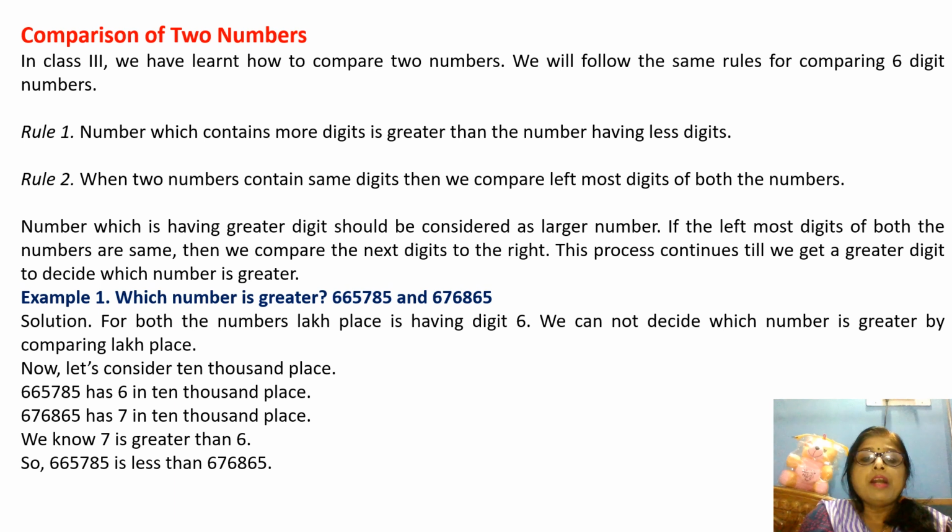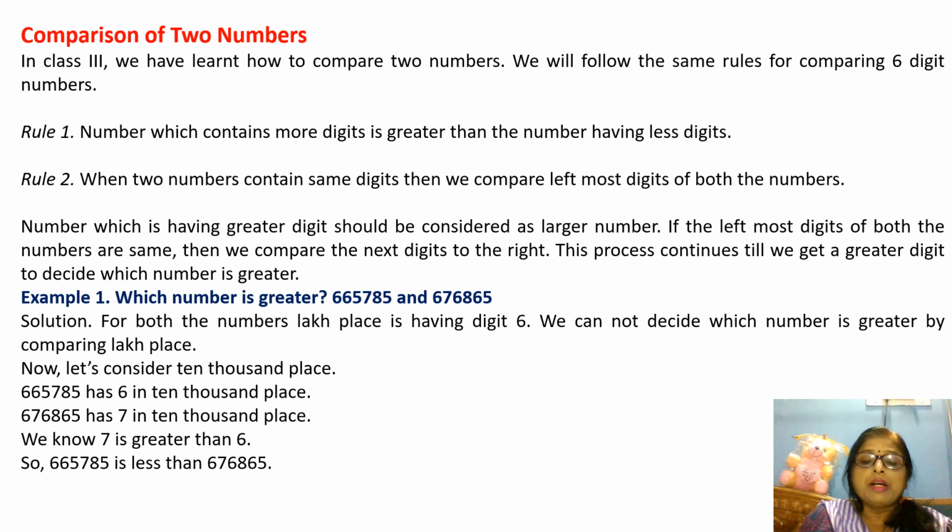Rule first, the number which contains more digits is greater than the number having fewer digits. Suppose 10 has 2 digits, and 9 has only 1 digit. So 10 is greater than 9. Next one, when two numbers contain the same number of digits, then we compare the leftmost digit of both numbers.